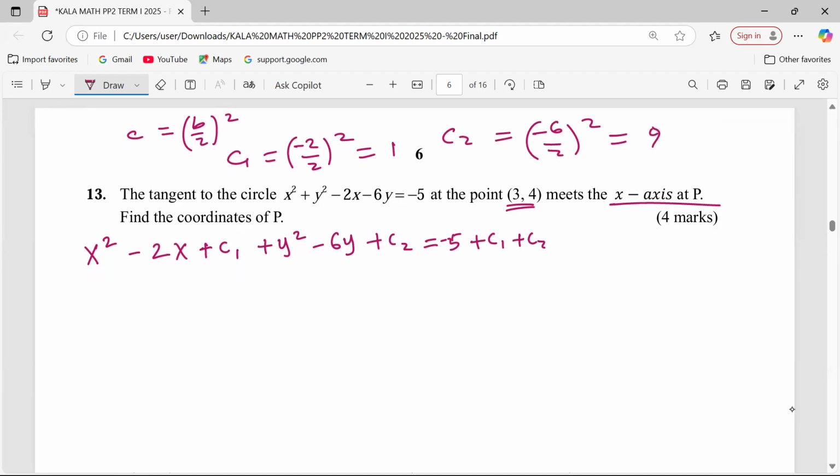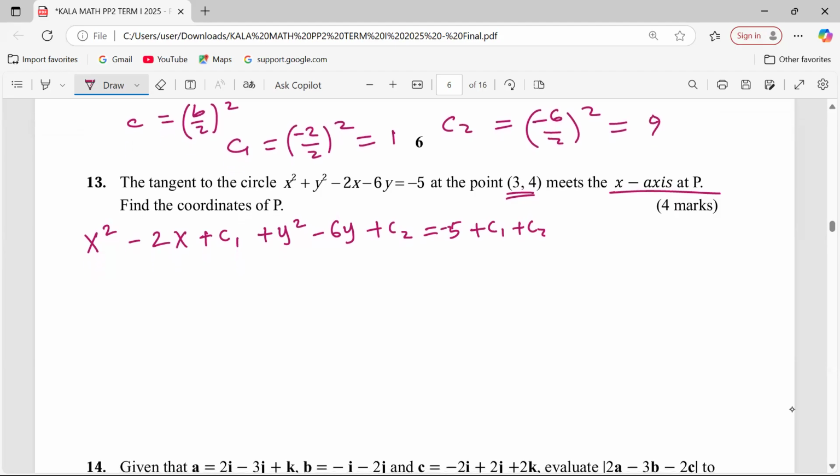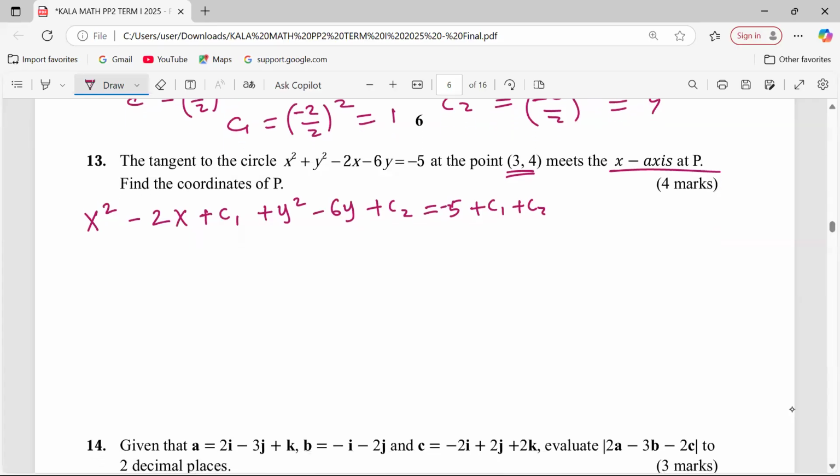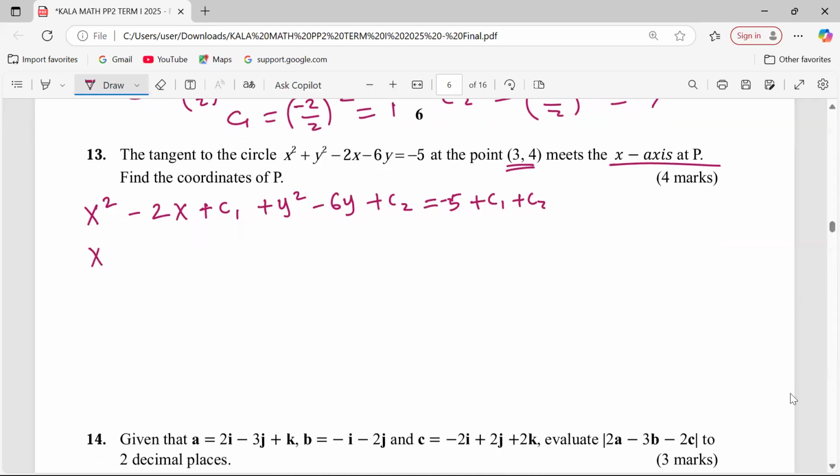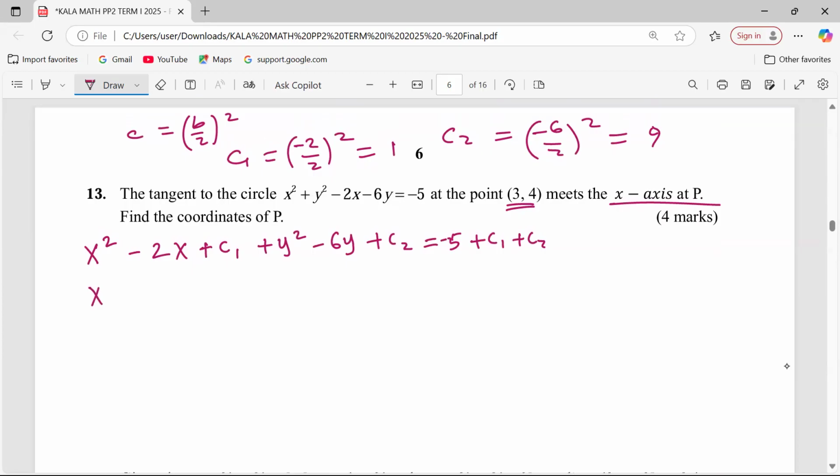So we are adding 1 and 9 to both sides. So x squared minus 2x plus 1 plus y squared minus 6y plus 9 equals negative 5 plus 1 plus 9.